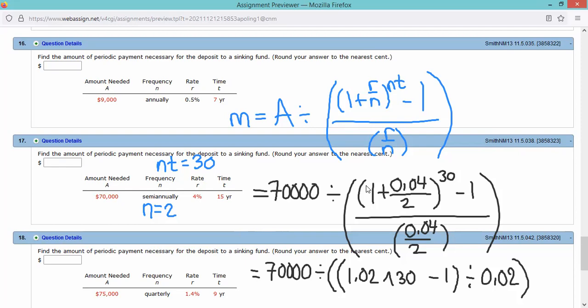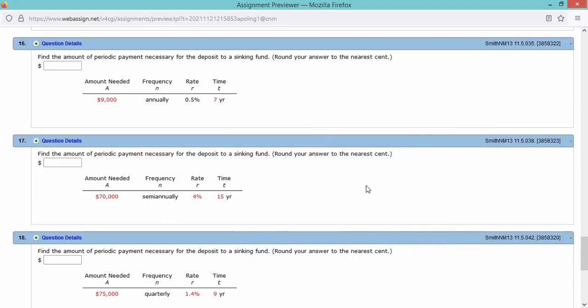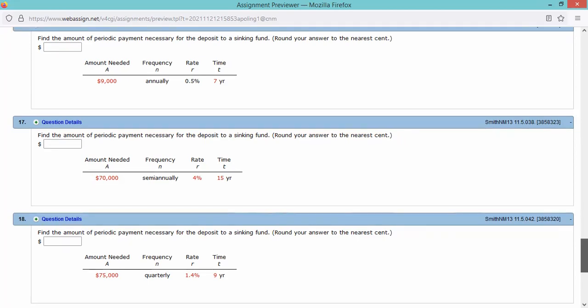The answer to 17 is 1,725, and rounding to the nearest cent, 49 cents. Check, check. So I think the key is just getting into a rhythm and not stressing over it too much. Clear that out. We'll go to 18.